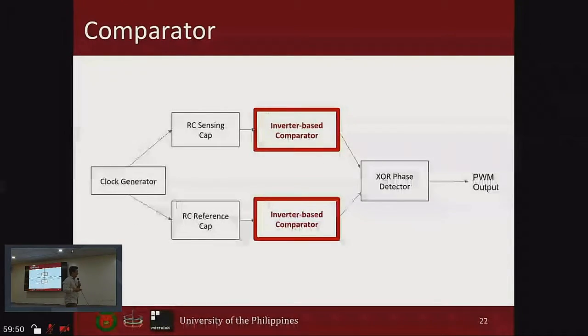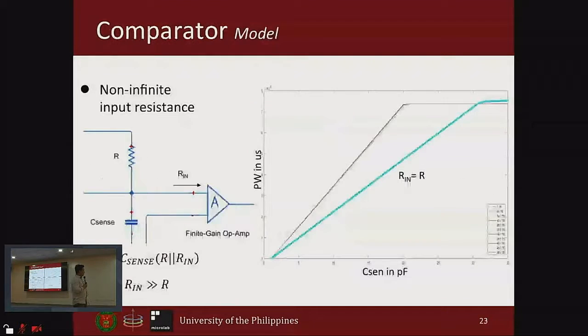And then lastly, we looked at your inverter-based comparator. The inverter-based comparator will trigger the pulses that will be generated by the circuit. So in this case, in terms of modeling, what you see here is you have your resistance and then the capacitance, followed by a finite gain op-amp, which was modeled here as your comparator.